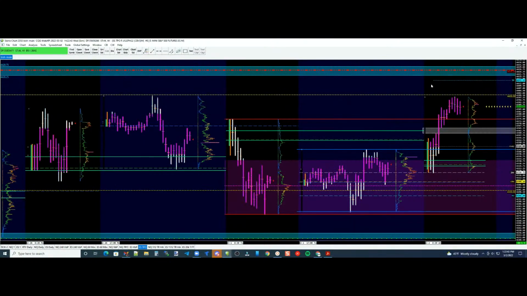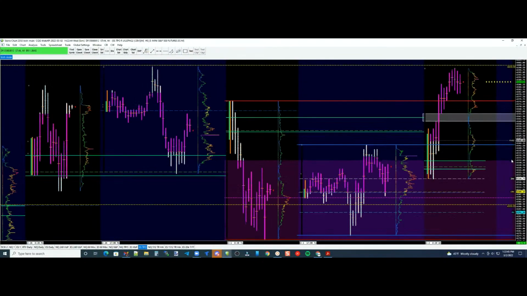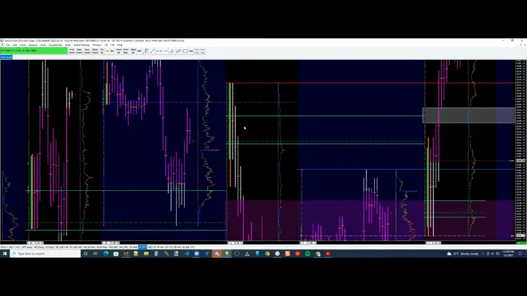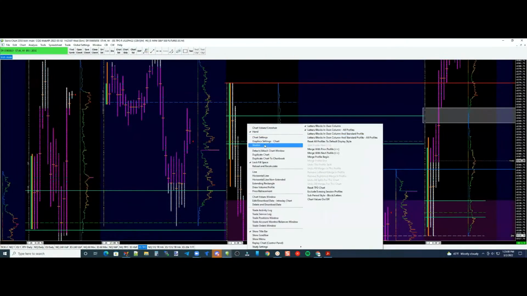The IB, I watch two different opening ranges, three. I watch the 1 minute opening range. I watch the 1 hour IB, the initial balance. Okay. And I watch the 30-minute opening range. These two, the orange and the green, can be set in the TPO settings.